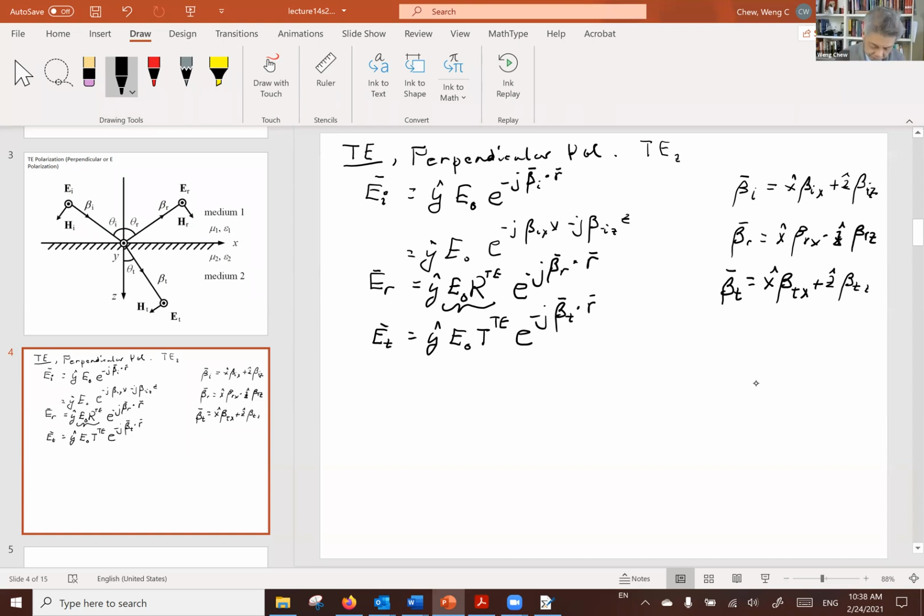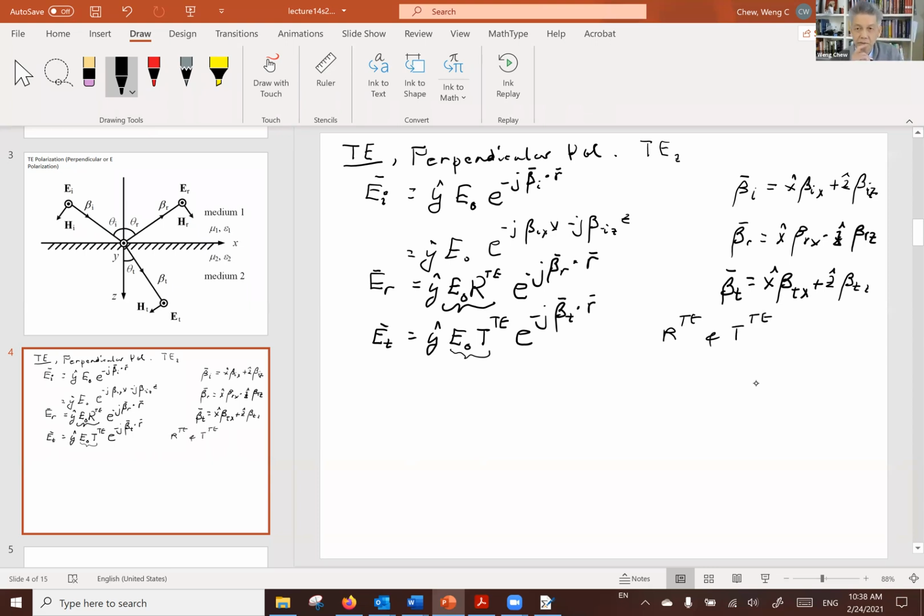And then if you put these things out, it looks pretty complicated, a lot more complicated than transmission line theory. But we have two unknowns here. The unknowns are RTE and TTE.